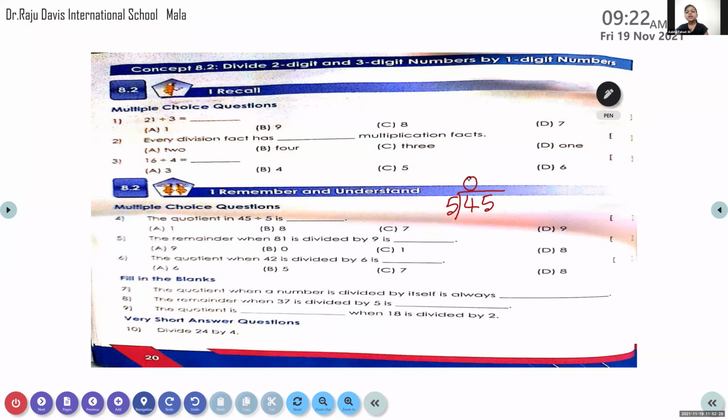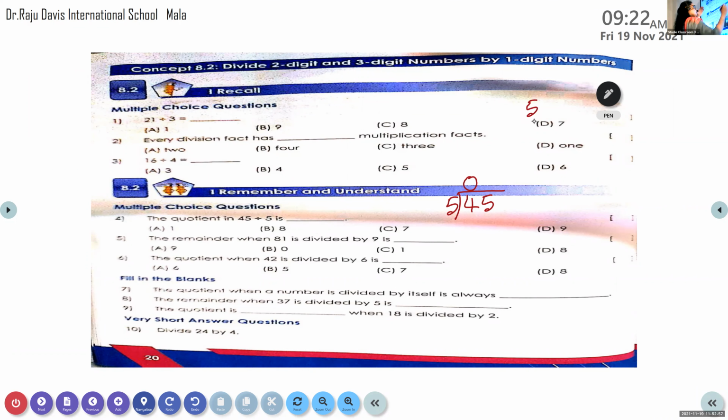If you are not thorough with the tables, you can write the products on one side. After that, check in 5's table whether 45 is there or not. Two numbers have to be taken together. 5 ones are 5, 5 twos are 10.